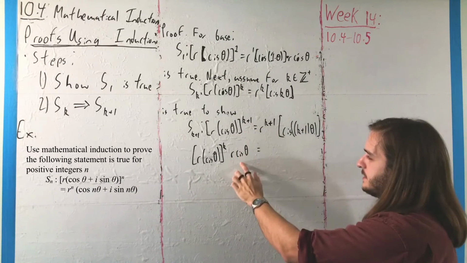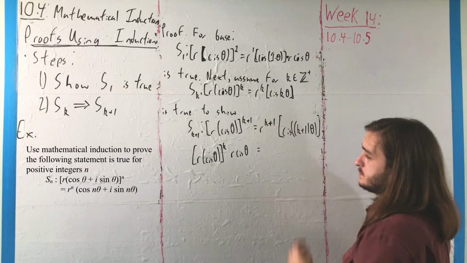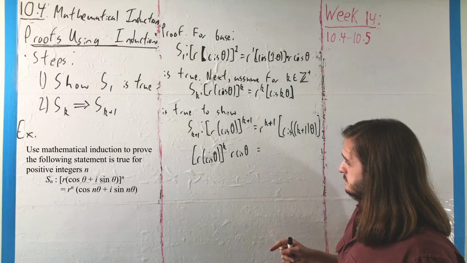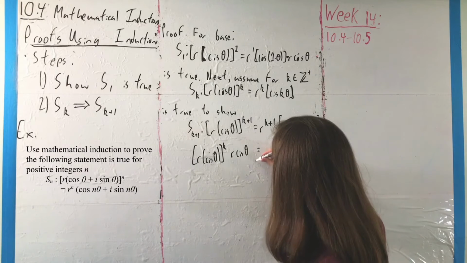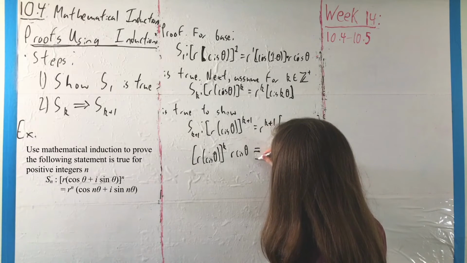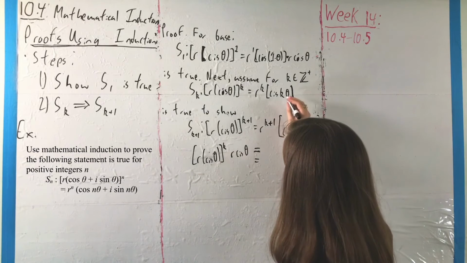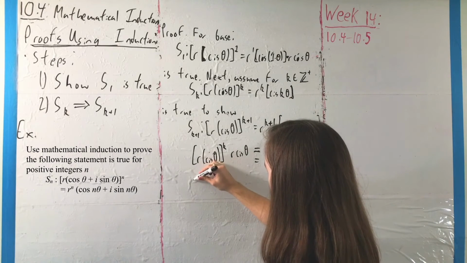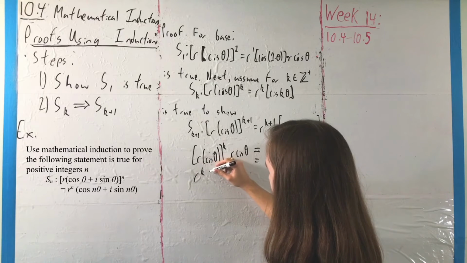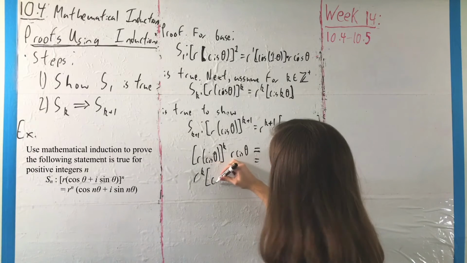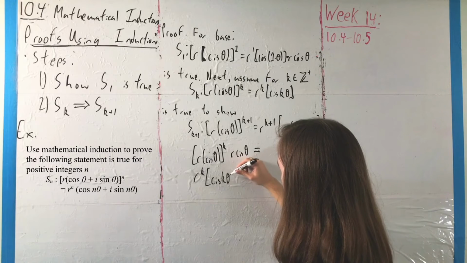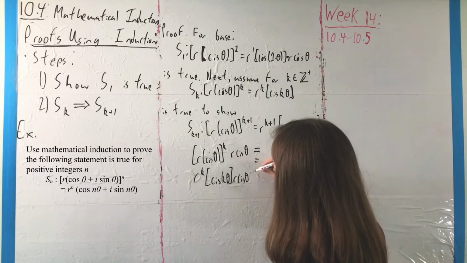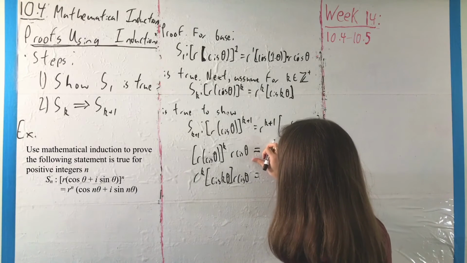That's technically that thing raised to the power 1, but it does what it's supposed to. And on this side, well, thanks to the base case, we can say that this is equal to that. That we have r raised to the power k times CIS k theta times r CIS theta. That there.